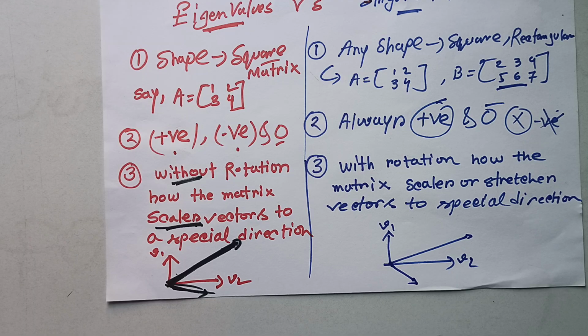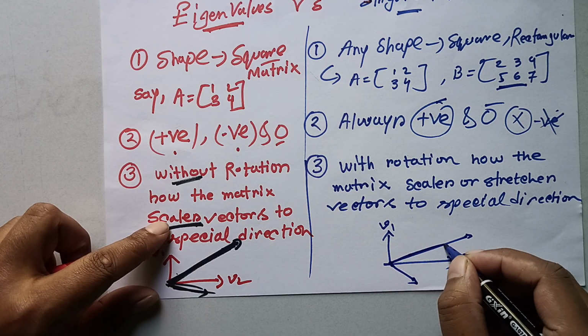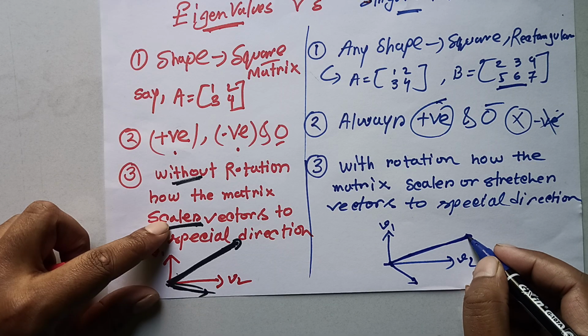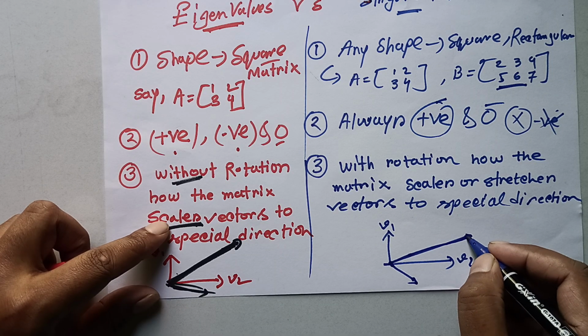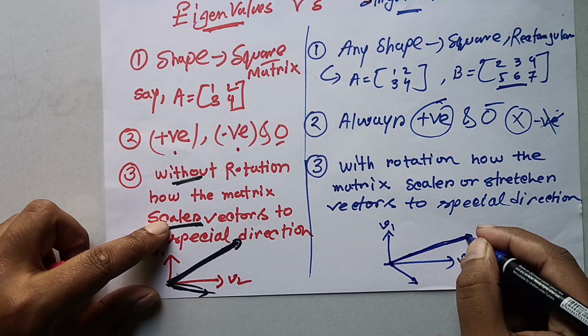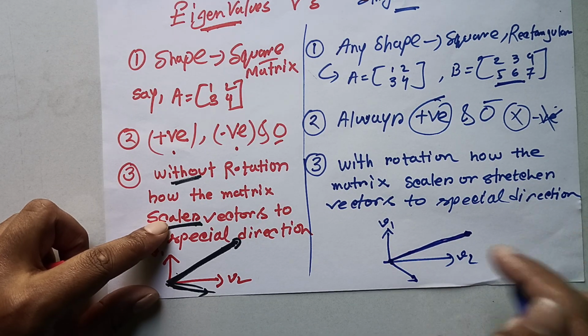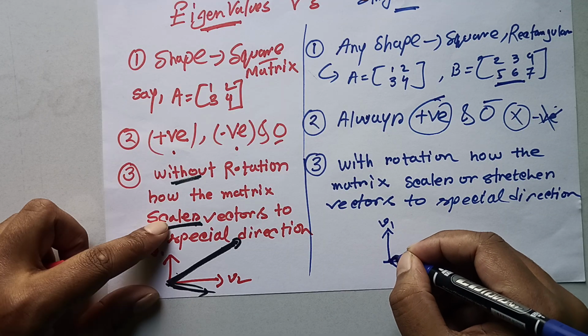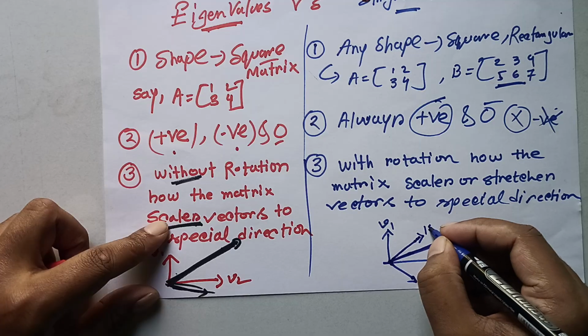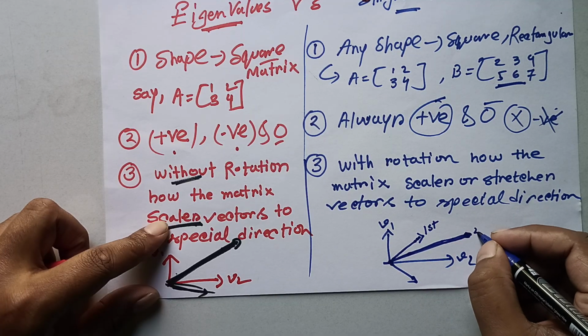Now to find this singular vector, we cannot directly find it at once. First we find something like this one in the first stage, and this is the second stage.